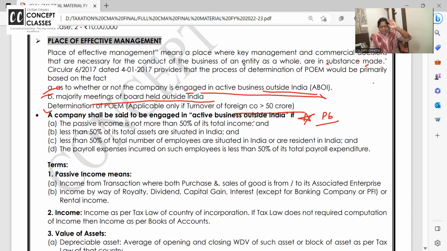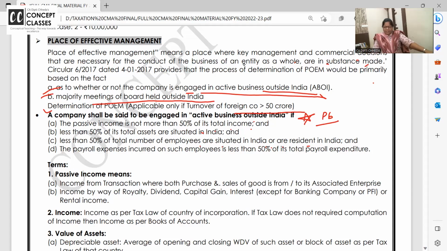So for active business outside India, it has to satisfy all four conditions. Number one, passive income is not more than 50% of the total income. Passive income should be less than 50%. Less than 50% of total assets are situated in India. Less than 50% of total number of employees are situated in India.